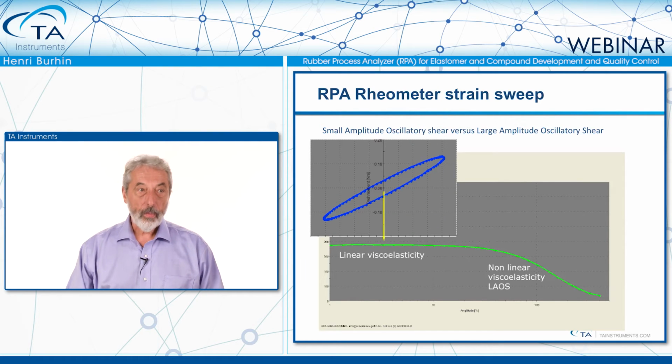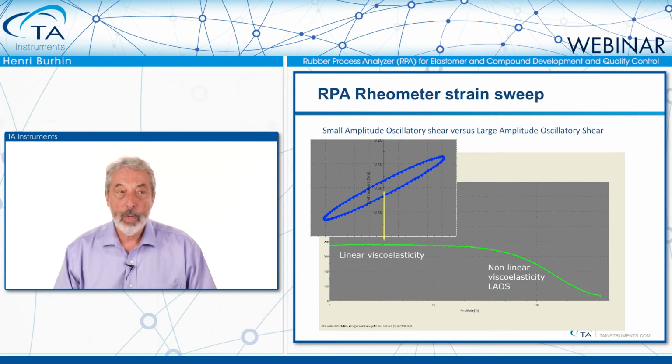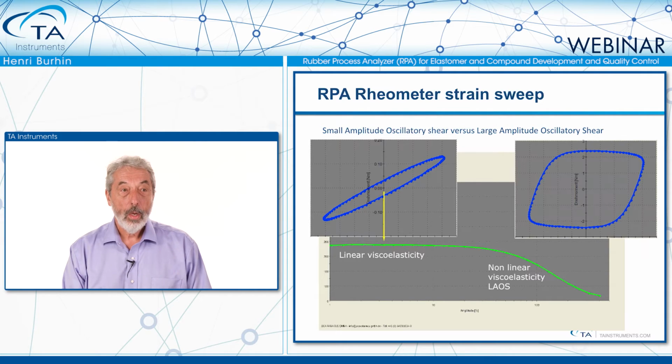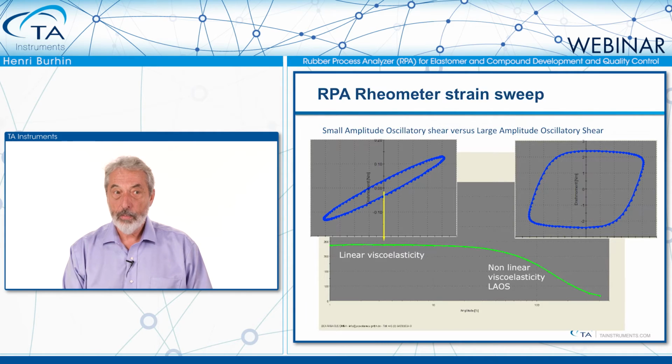In the linear viscoelasticity domain, if we plot stress as a function of strain, we're going to have a very nice ellipse, because both are sine waves. At high strain, what we're going to have is a distorted ellipse. So when we apply a strain sine wave, we measure a distorted stress wave.